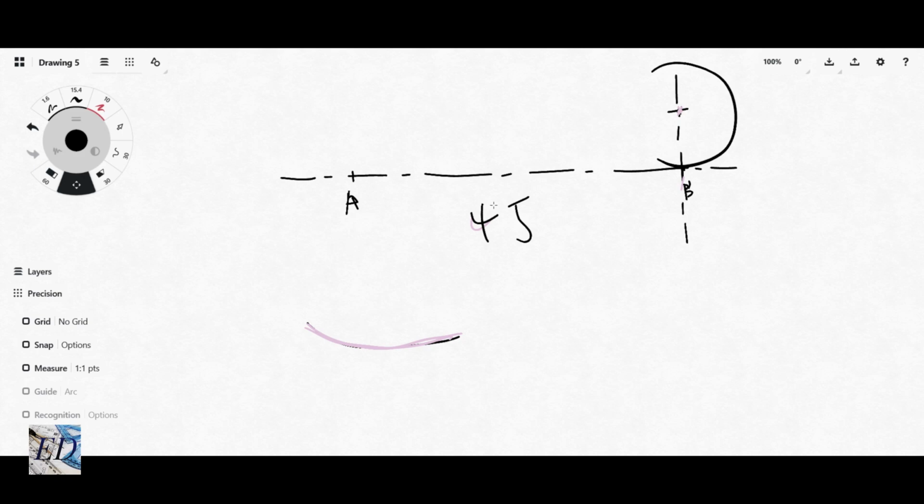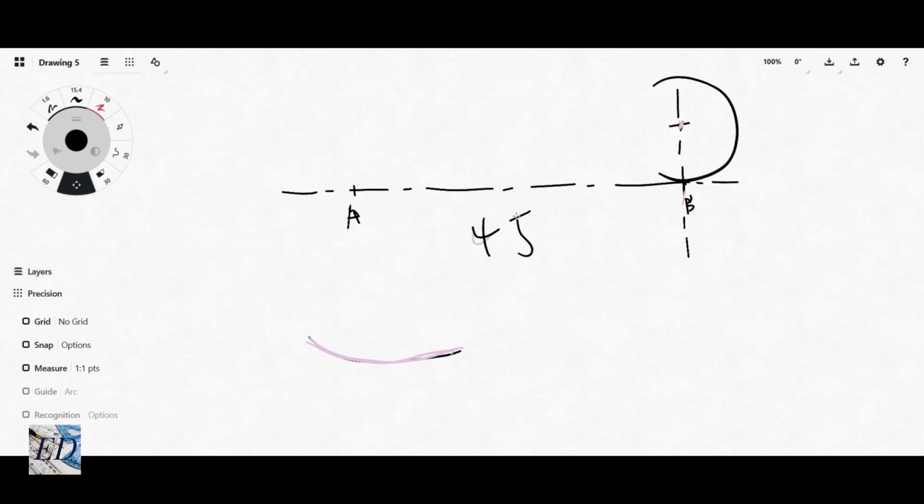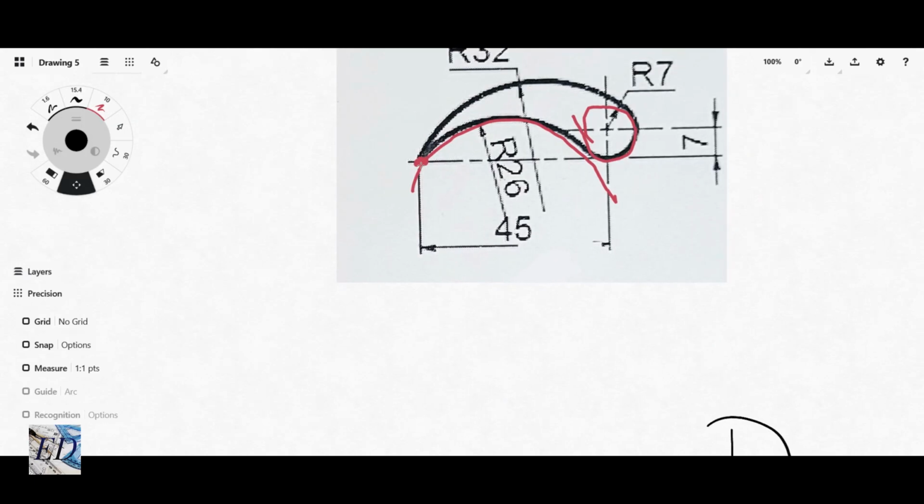So you come there, and with a radius of 26, you draw an arc. As I was saying, the distance between a point on a circle to the center is the same as the radius. That is why from point A we are using 26, because it's on the same line.